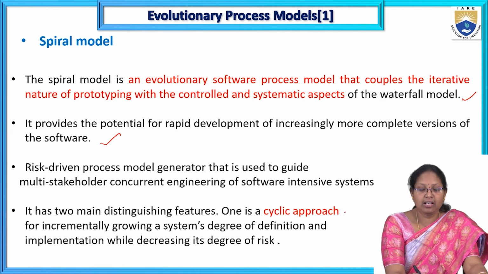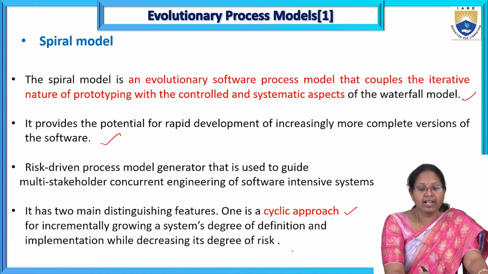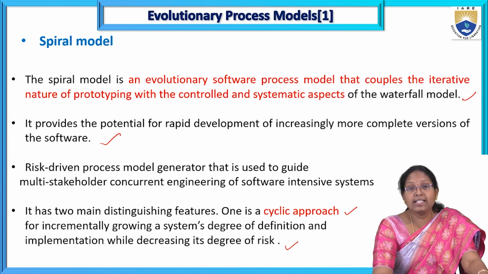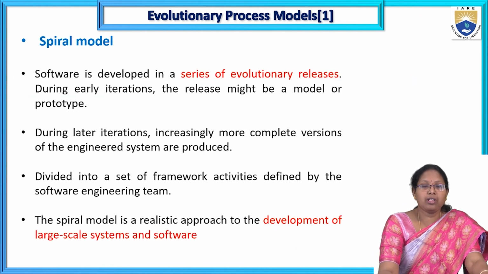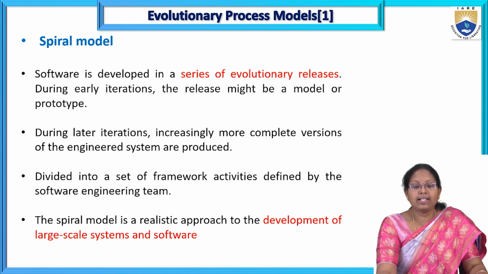One is a cyclic approach for incrementally growing a system's degree of definition and implementation while decreasing its degree of risk. So one is the cyclic approach, and the other is implementation with a decreasing degree of risk. Software is developed in a series of evolutionary releases. During early iterations, the release might be a model or prototype.